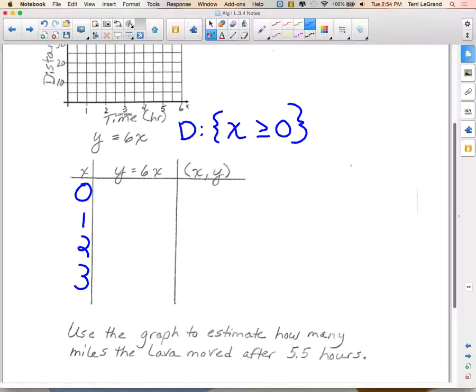Let's do at least 4 points so we have a good graph, okay? So we're picking x values 0, 1, 2, 3. We're trying to get our graph put together. So now we will put our x values into our function rule and see what we get for our y values so that we can put together some ordered pairs. So go ahead and fill out your table, because you know how to do this.